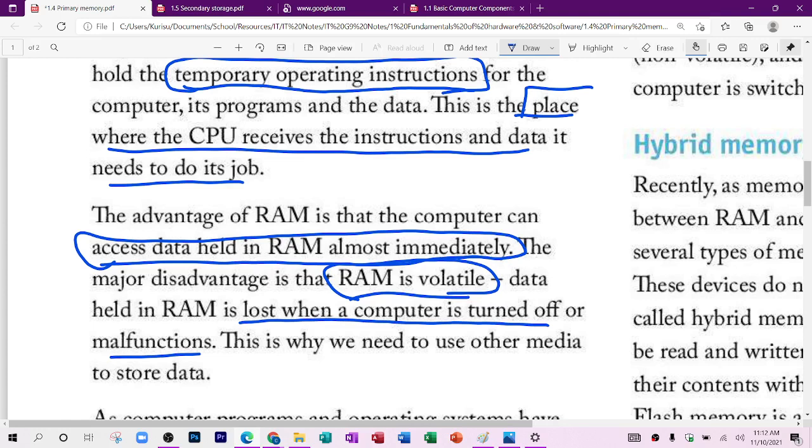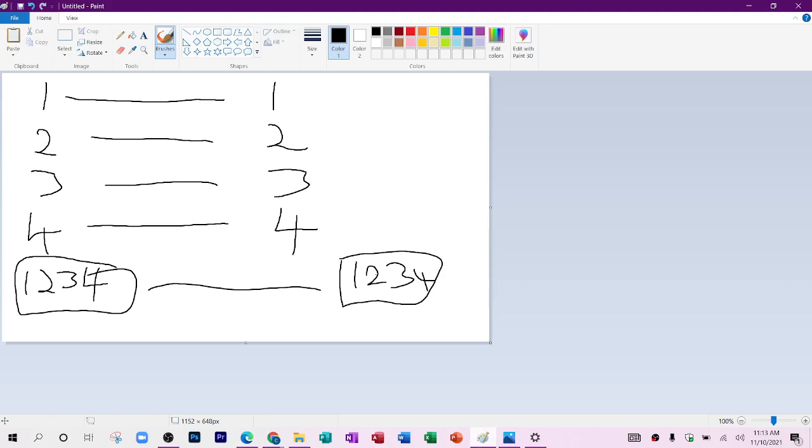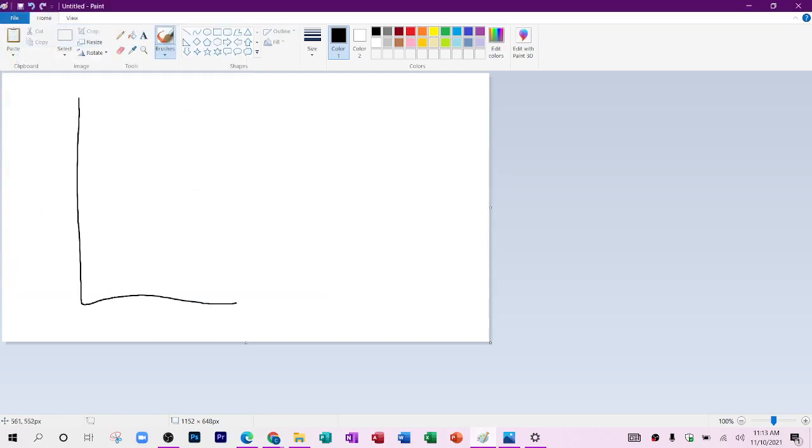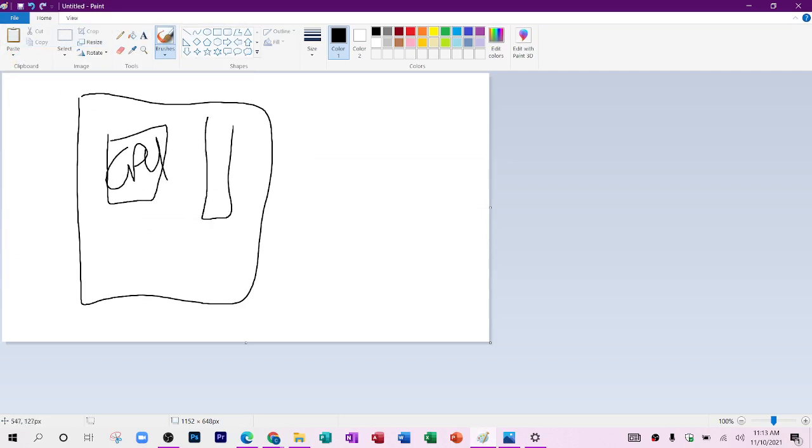Now, why is that the case? Why don't we see the game that we had running? Why don't we see the assignment that we had open? That is because the data was inside of RAM. The data was inside of memory. So let me put back a drawing. This is the CPU once again, this is memory, this is your hard drive over here.